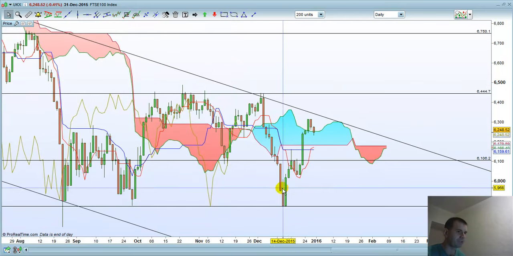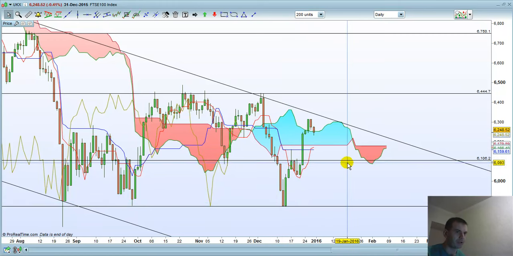The price here we can see that price broke up through this level and approached the upper border of the channel. Then it reversed down and slowed its moving near the upper border of the cloud.